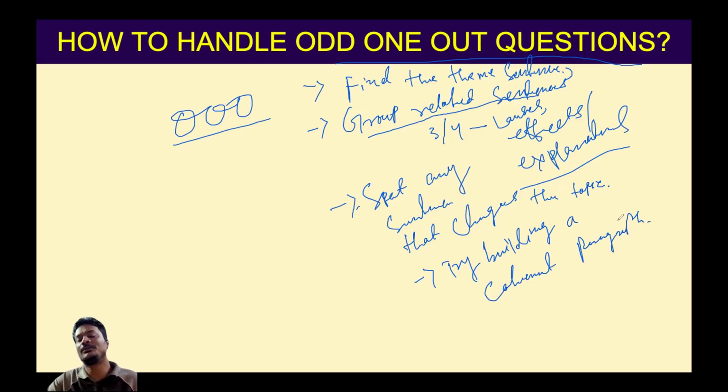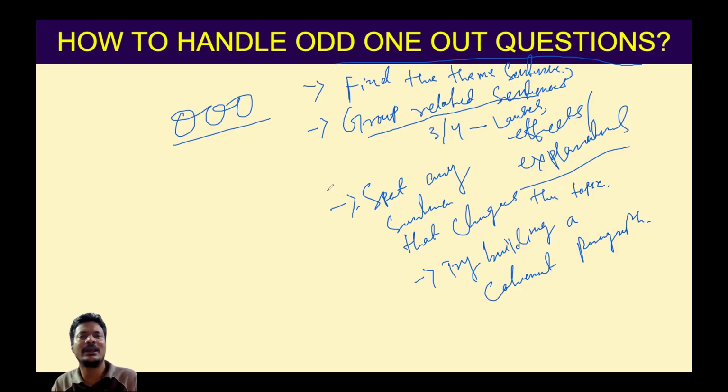Because see, which sentences flow smoothly, that you need to observe, right? The odd sentence will generally refuse to fit anywhere. So when you connect one sentence with the other sentence, you would find out those sentences are connecting to each other because one is a general sentence and another one is a cause or reason, or maybe effect, explanation, or examples, right?